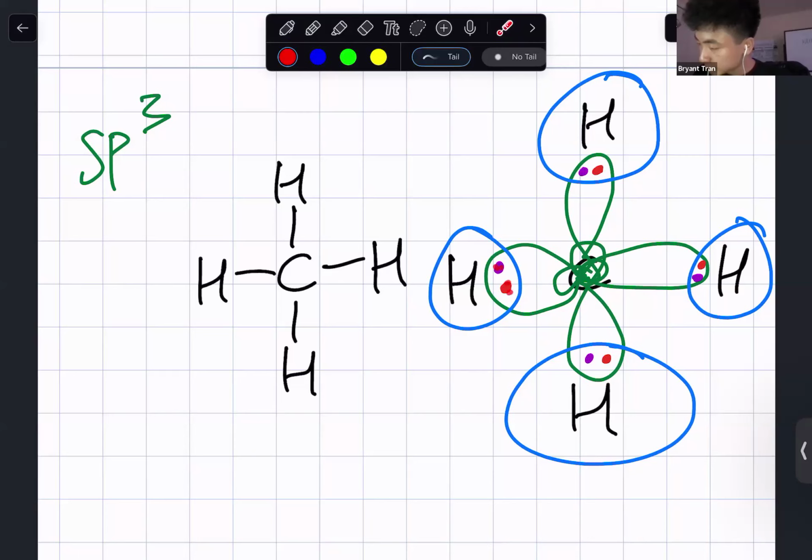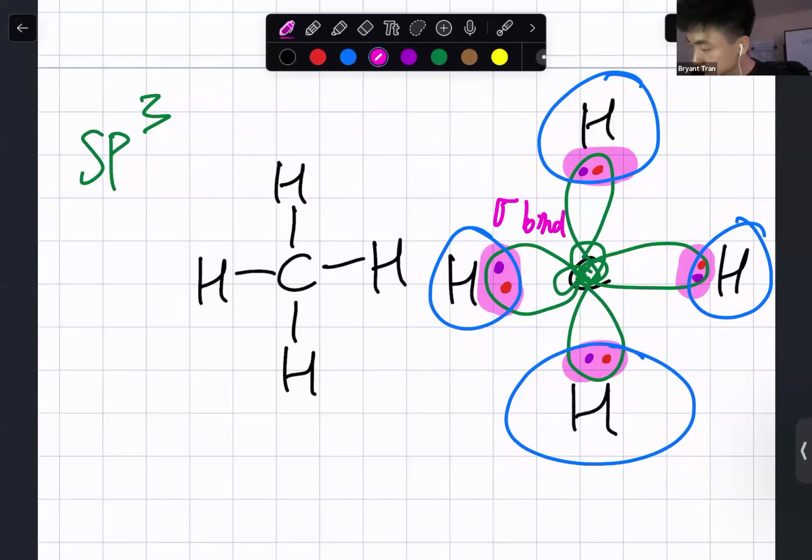Okay. So this head on overlap right here is going to be the bond, the single bond, the sigma bond. And this sigma bond here is specifically between an s orbital and an sp3 orbital, right?